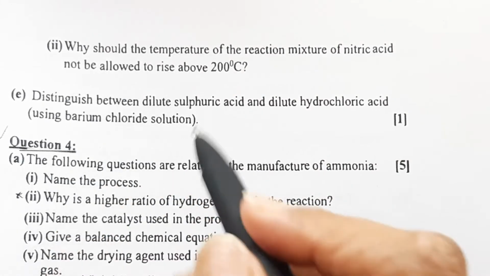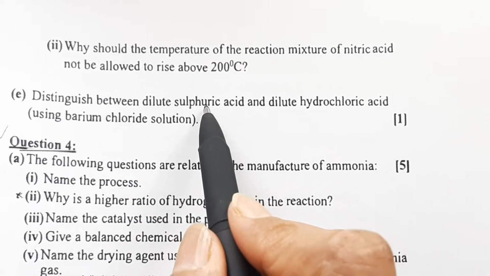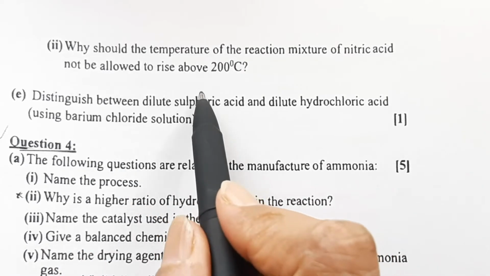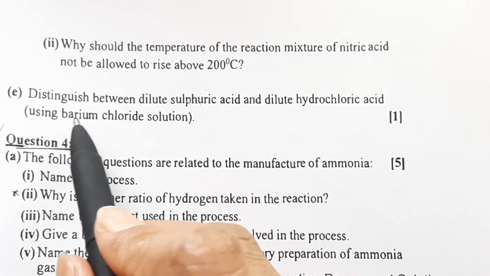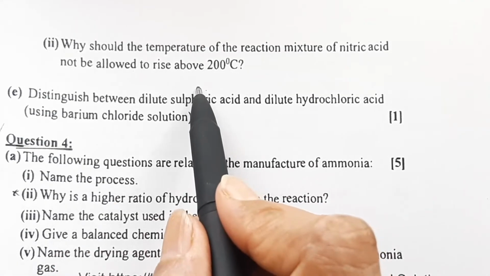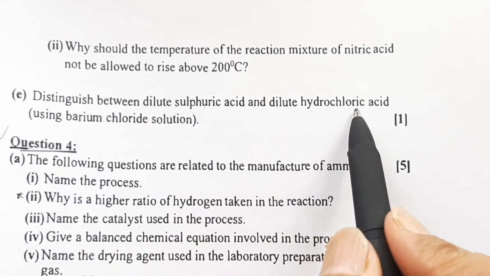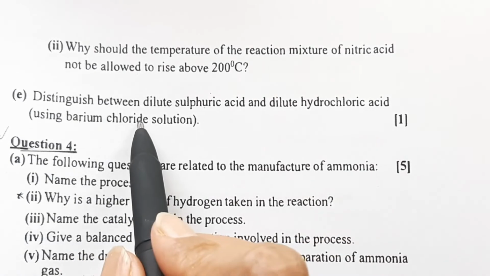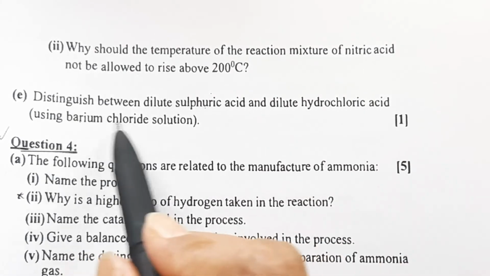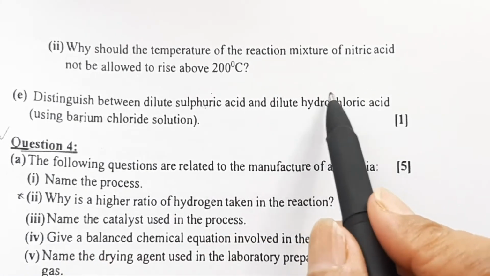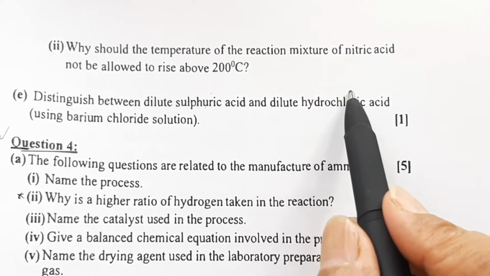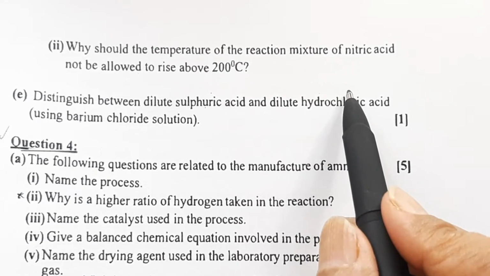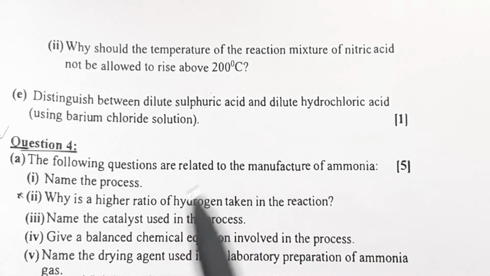If you use barium chloride with sulfuric acid, which has got SO4 radical, it will become barium sulfate. And this is hydrochloric acid, so barium chloride will remain barium chloride because here it is having HCl, so the negative radical is Cl, and so there will be no visible change.